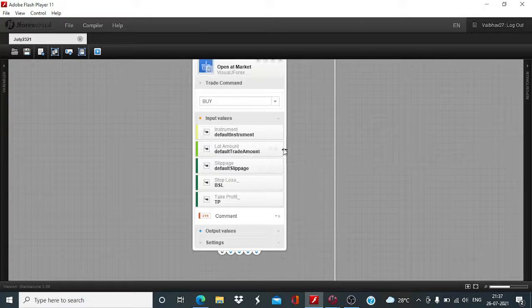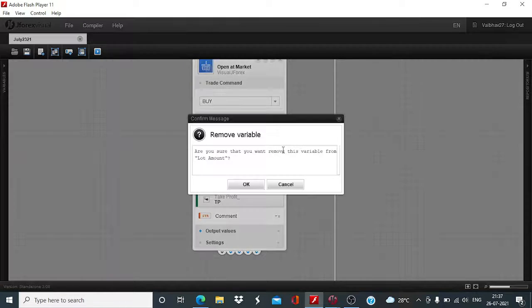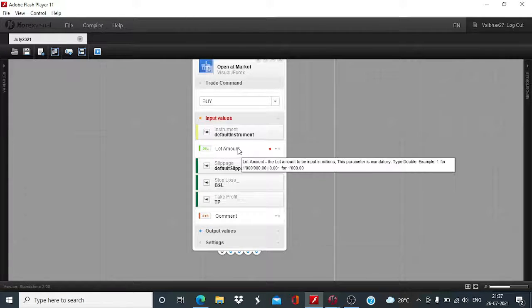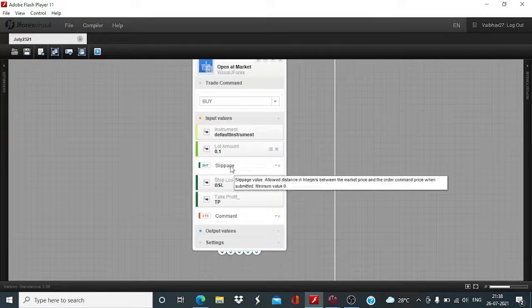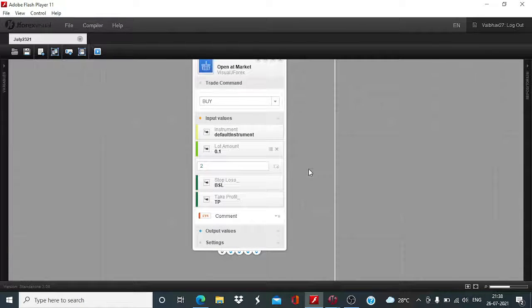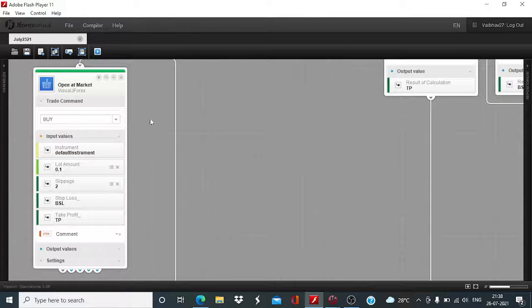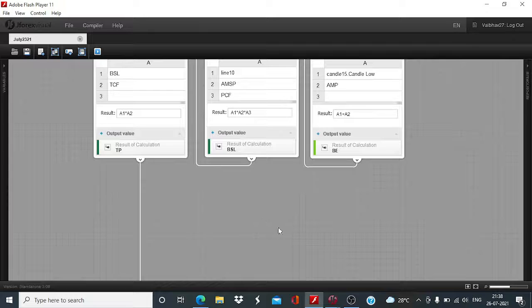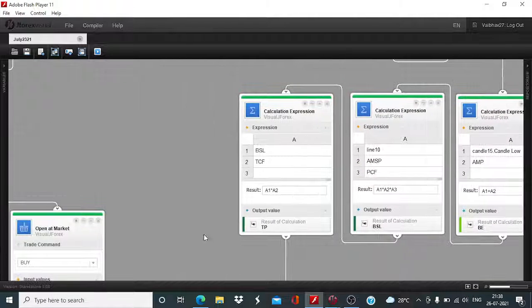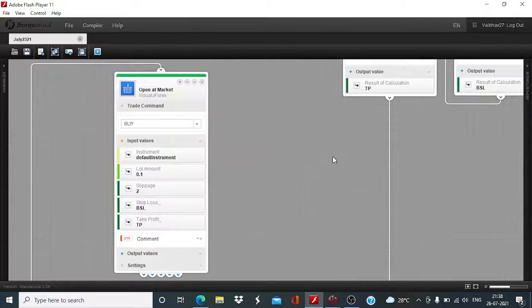Trade command. Coming to the parameters, lot amount is going to be 0.1, slippage 2 pips, and we have already defined the stop loss and take profit levels, for which the calculations have already been carried out.